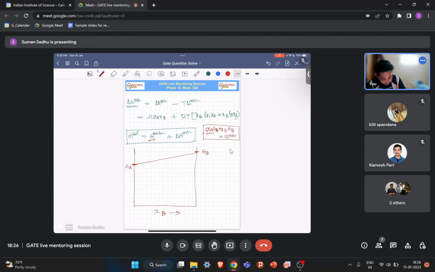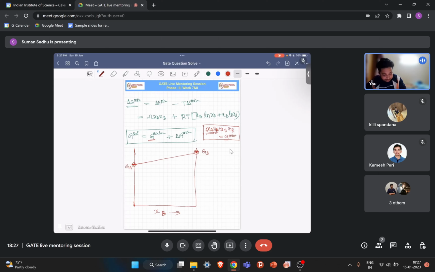So at this point, your XB is 0, sorry, yes, XB is 0. That means XA is 1. XA is 1 means G mix is equal to GA, right? Similarly, here your XB is equal to 1 and XA is equal to 0. So here your G mix is equal to GB, right?